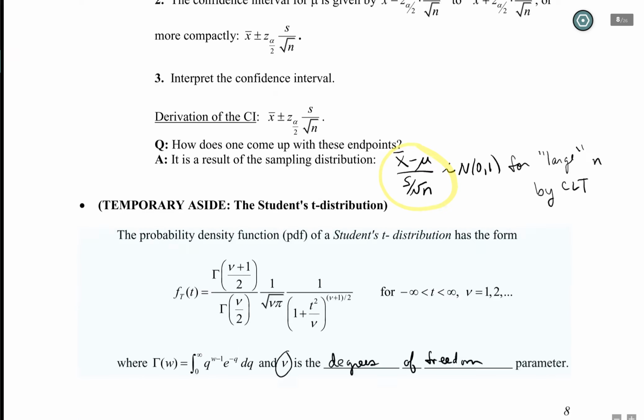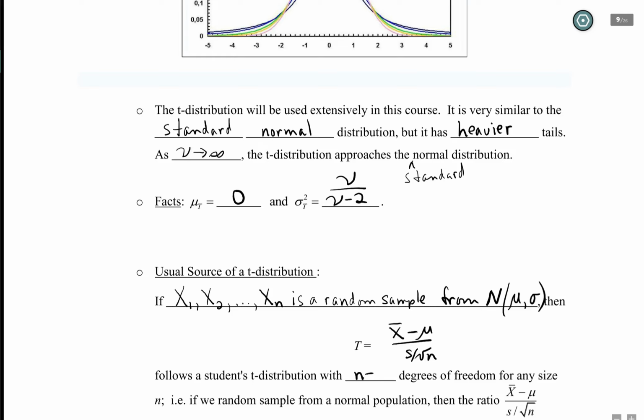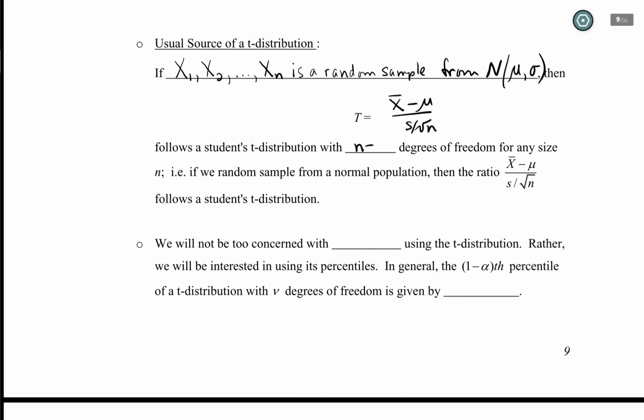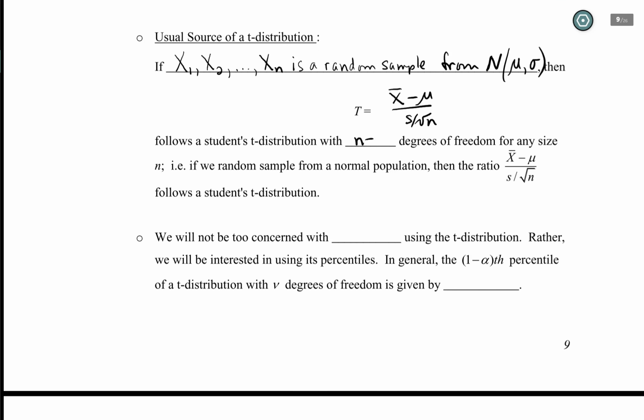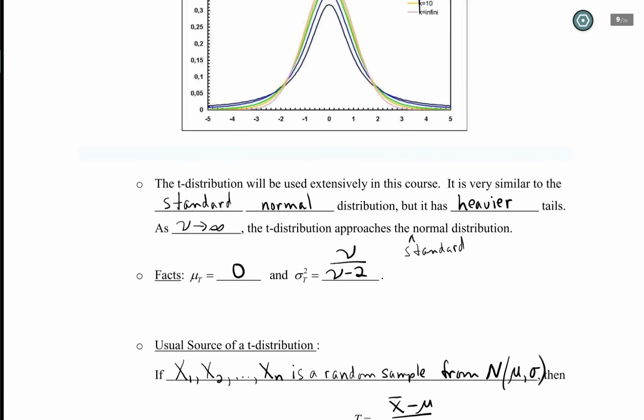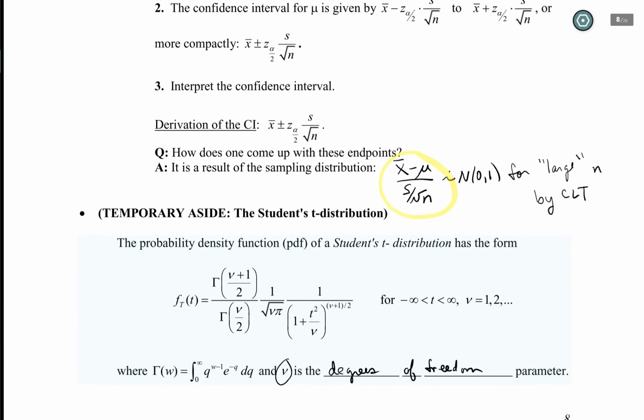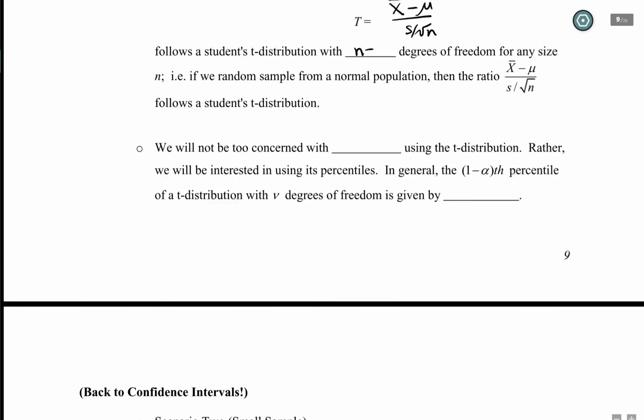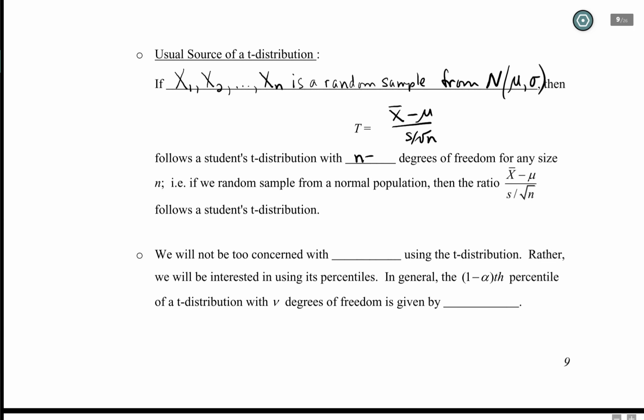But along came a fellow named William Gossett, and he demonstrated that if the x's come from a normal population, no matter the sample size, then this ratio, the same kind of ratio, follows an exact t distribution. And the degrees of freedom is n minus 1.